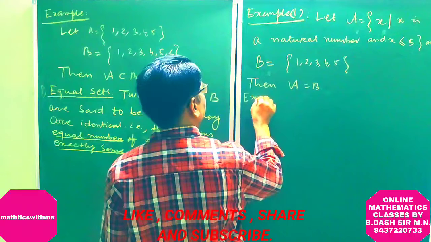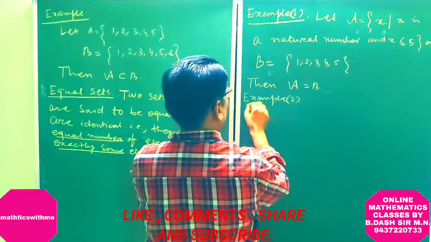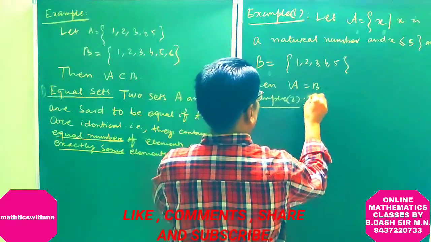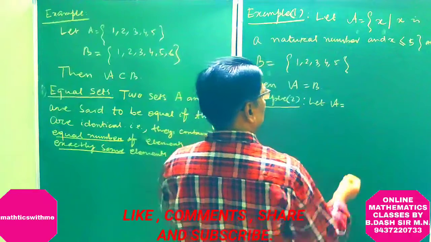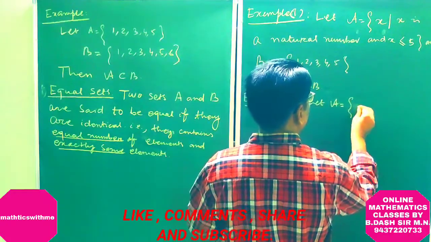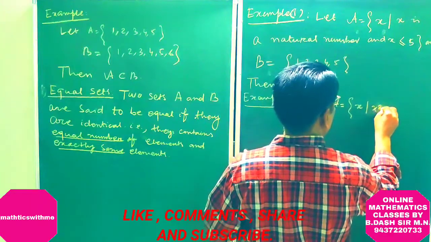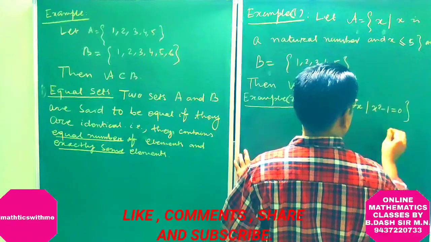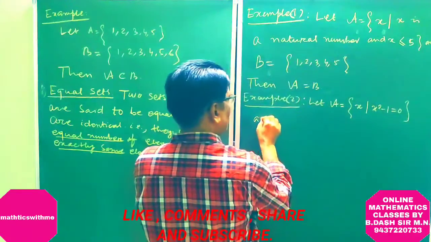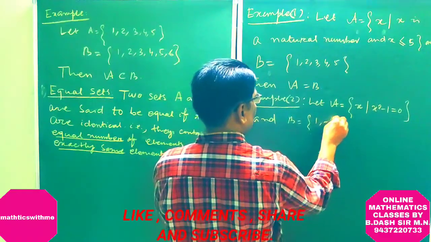Now example 2. Let A is equal to {x such that x square minus 1 is equal to 0} and B is equal to {1, minus 1}.